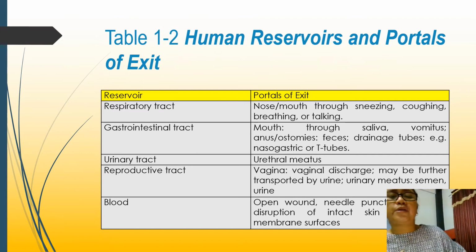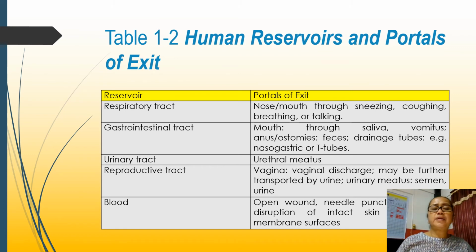And then we have also your feces and drainage tubes, for example nasogastric tubes or NGT. Reproductive tract, we have your vagina, vaginal discharges, then urine, urinary meatus, then seminal fluid, and then urine. While your blood, we have your open wound, then, of course, needle puncture site, any disruption of the intactness of the skin and mucous membrane surfaces.